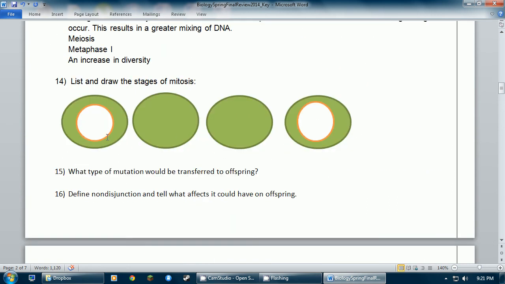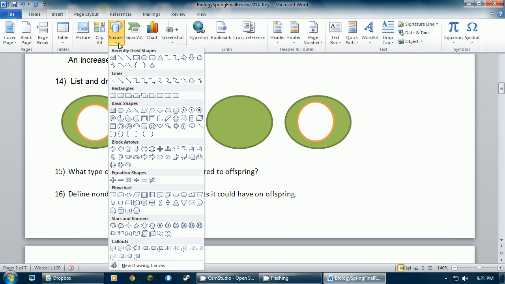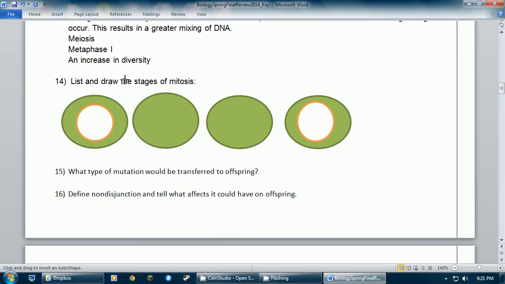Cool. All right, so let's see if I can get this to work. I did practice earlier. Okay, so we're going to draw the stages of mitosis. The first stage is one called prophase. During prophase, the DNA is just all wiggly up in here. It's starting to condense, and the nucleus is starting to disappear.